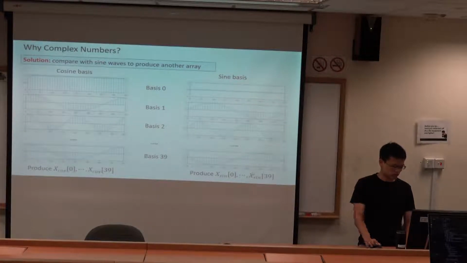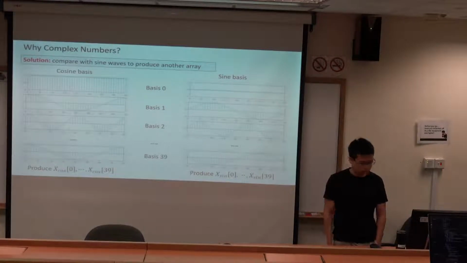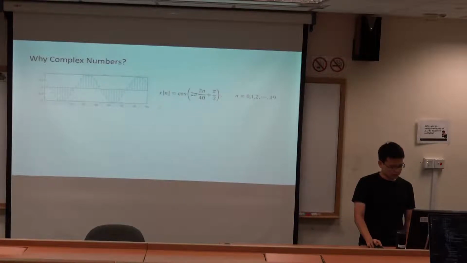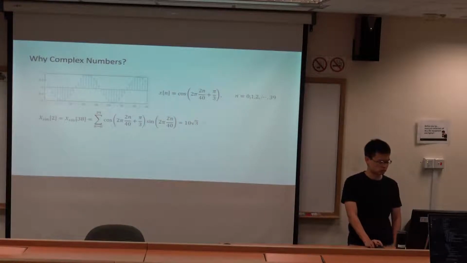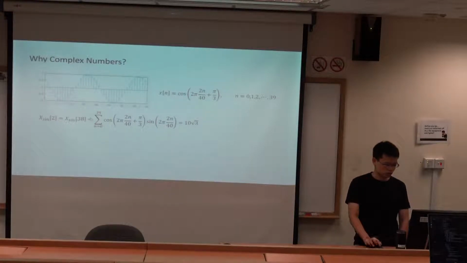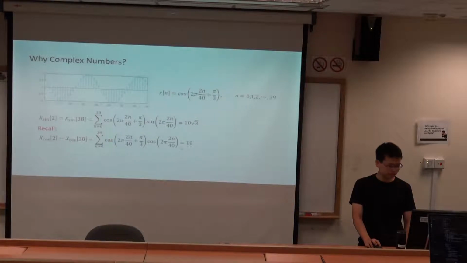The length of these arrays is 40, or the signal length capital N. Well, let's calculate again with the sine function. And I found capital X sine of 2 equals capital X sine of 38 equals 10 times square root of 3. And if you still remember, in the cosine comparing, it's 10. Have you discovered something?